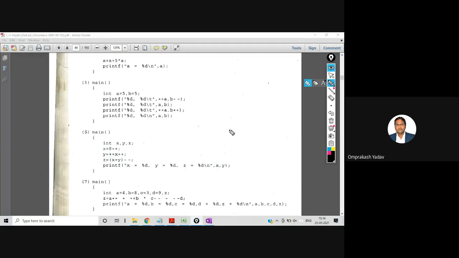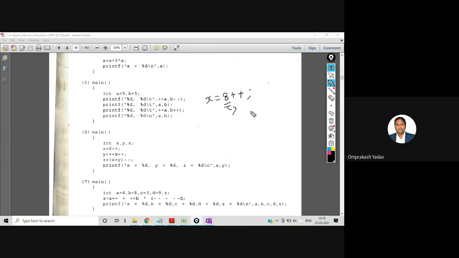Now if you see in this program, 3 variables are declared: x, y and z. Now what's written is x is equal to 8 plus plus. Always remember that the increment or decrement operator will never work on a constant.